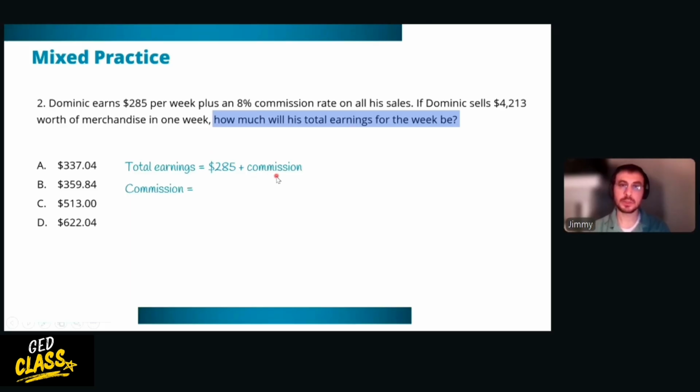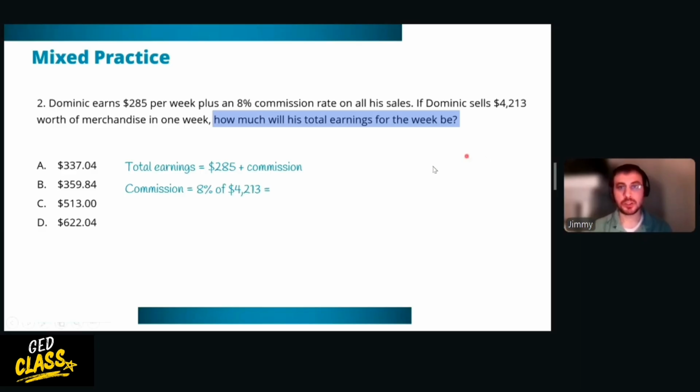To figure out the commission, what kind of math do we do with the 8% in relation to the $4,213? We multiply, yes.